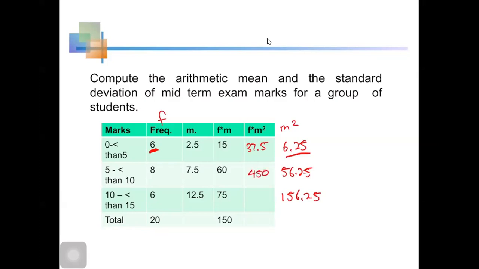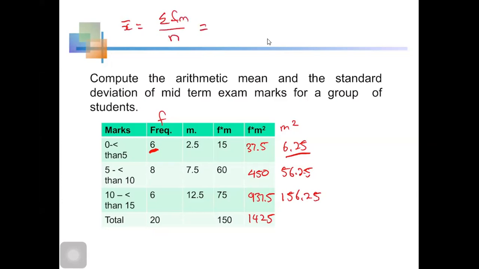Then 6 times 156.25 is 937.5. So the total will be 450 plus 37.5 plus 937.5, which is 1425. Okay, 1425.